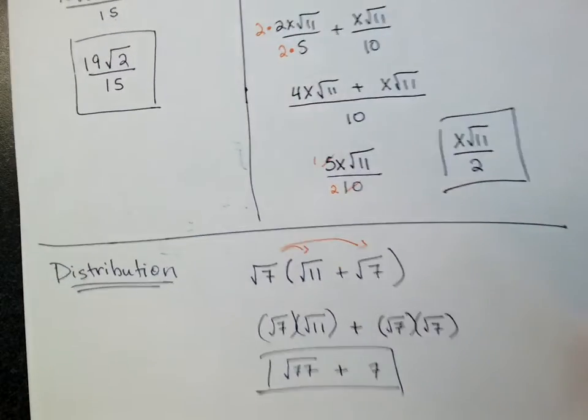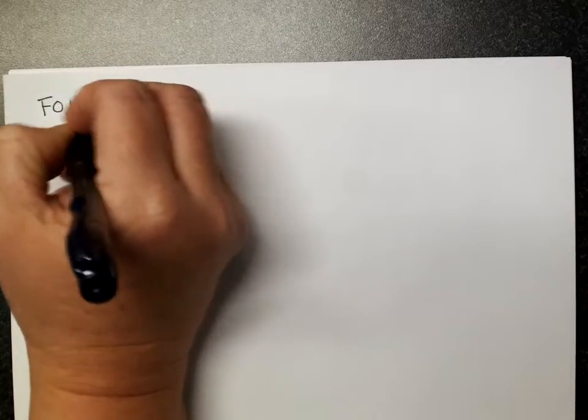Let's start with foiling. Foiling binomials that include radicals can get really messy, so you want to be really organized. Okay? The first step is the long step to write out, but it keeps things nice and clean and organized.